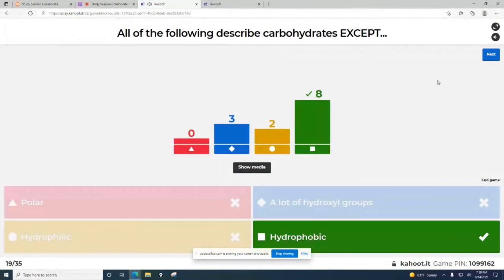We touched on this briefly, but remember with our carbohydrates, an iconic characteristic is that they have a lot of hydroxyl groups. Because they have a lot of hydroxyl groups, or a lot of oxygen, that's going to make them polar. Things that are polar are automatically hydrophilic because water is polar, and we know like dissolves like. That's how you connect all of those together.